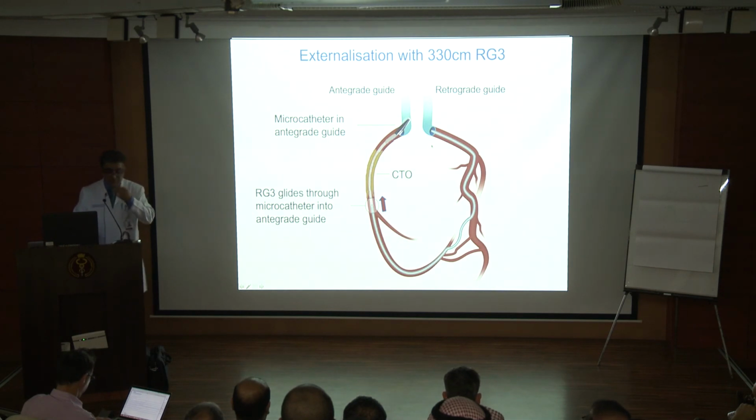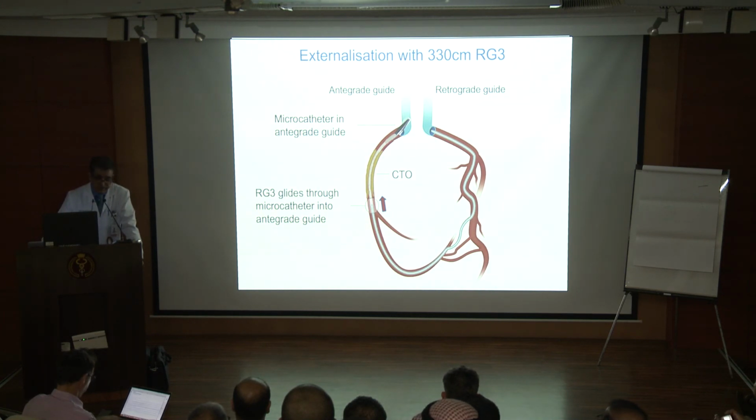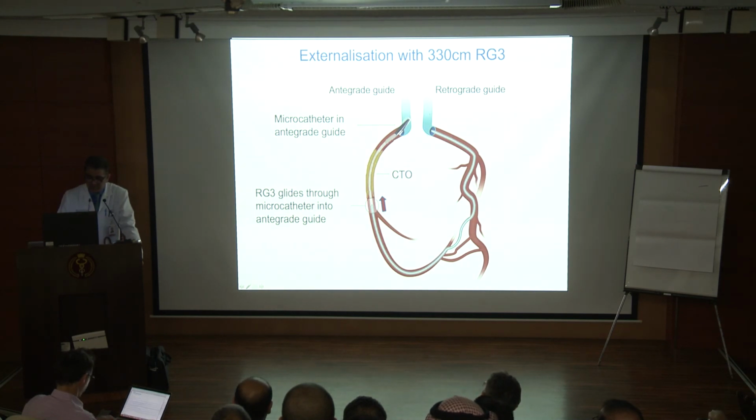One thing that I learned from a very dear friend of mine from Aswan: when you have this loop and you're ballooning and going forward, if you have any resistance, don't push. Especially if you have stented, for example, the distal RCA, and then the next stent is coming and you have resistance.